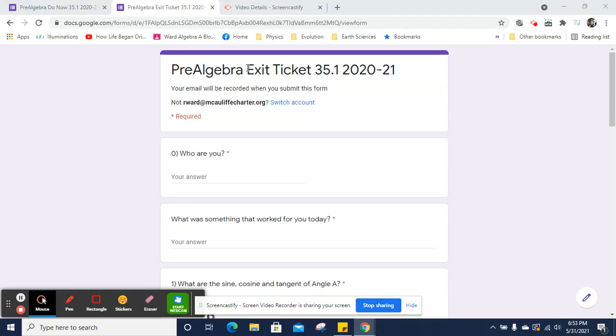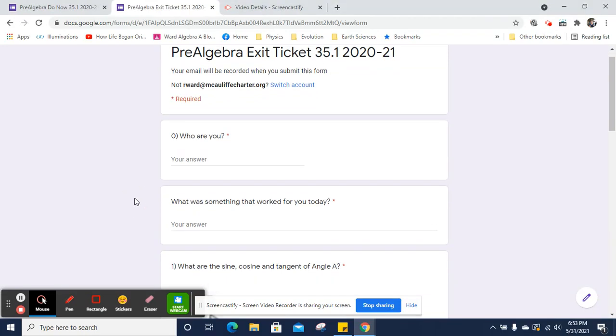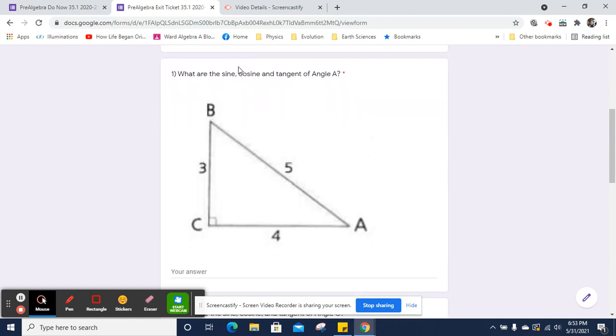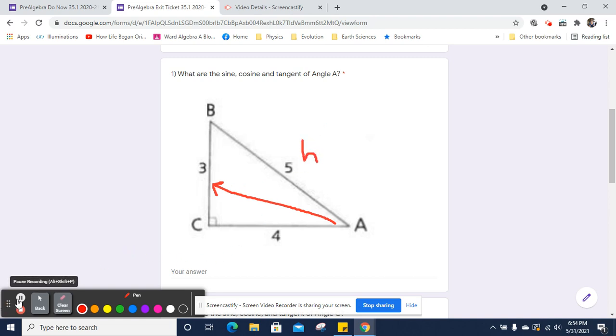This is a video key for pre-algebra exit ticket 35.1, and we're going to consider what are the sine, cosine, and tangent of angle A. Well, sine is opposite over hypotenuse, so that's going to be the side opposite of A, and that's going to be the hypotenuse, and so we're going to have a sine which is going to be 3 over 5 or 0.6.